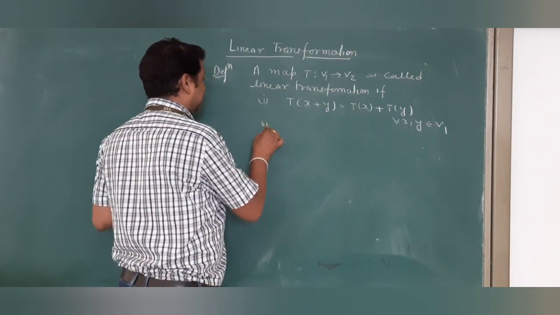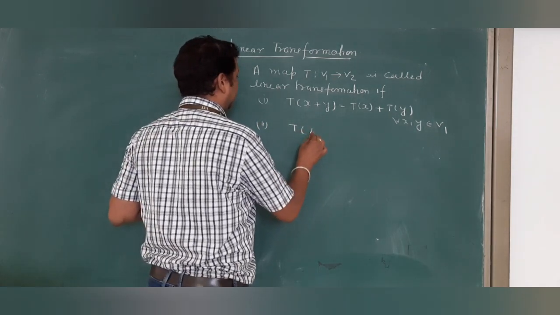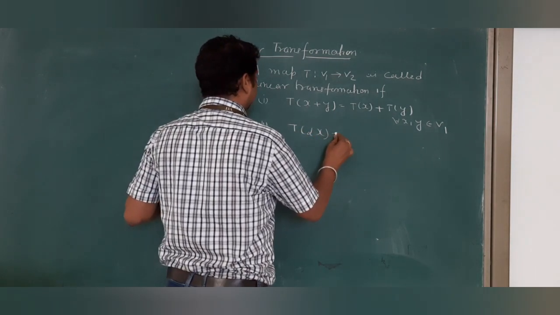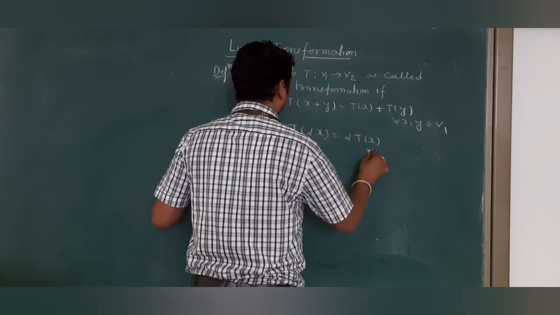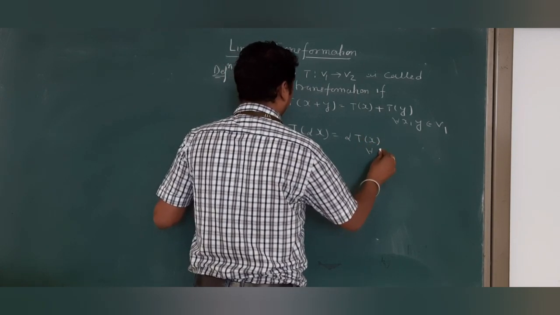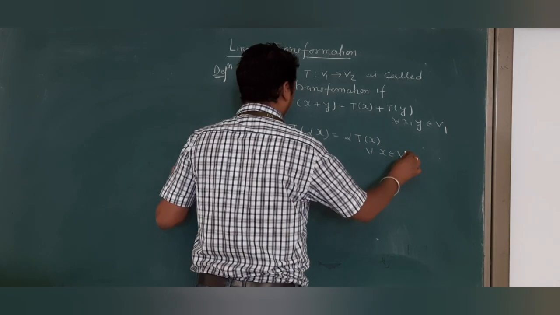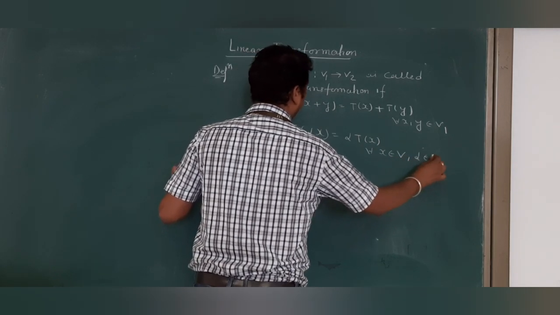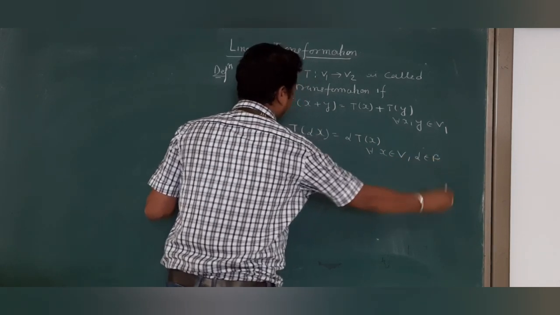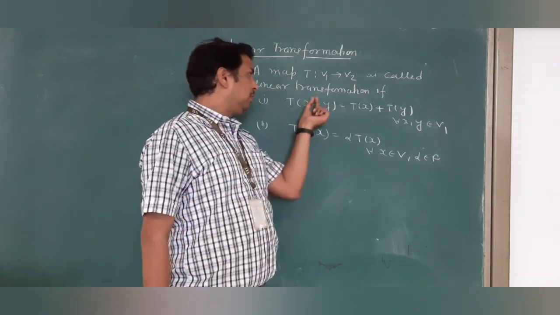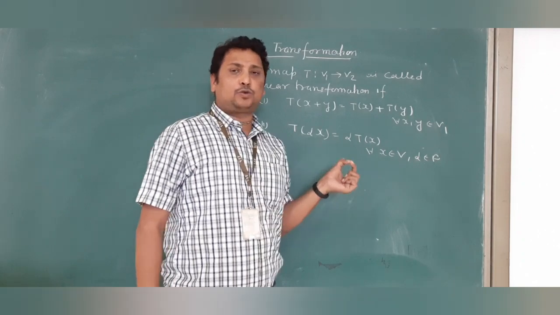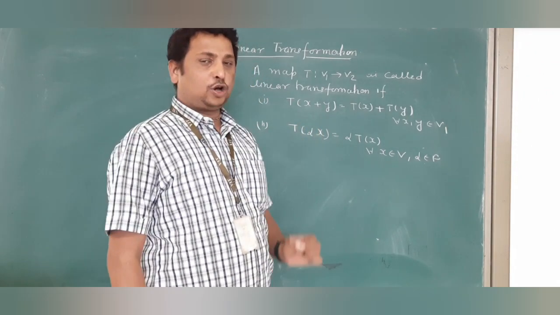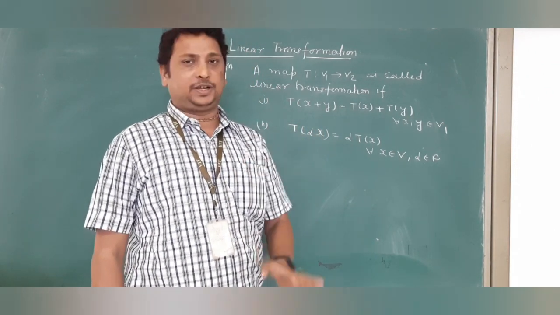And second condition, T of alpha x is equal to alpha Tx for every x belongs to V1 and alpha belongs to the field. Alpha is a scalar. So, if T satisfies these two properties, then it is called a linear map or linear transformation.